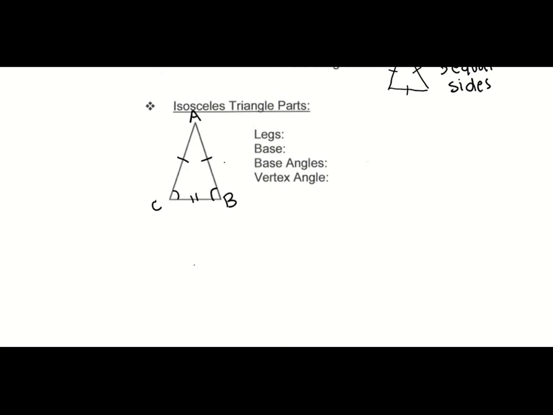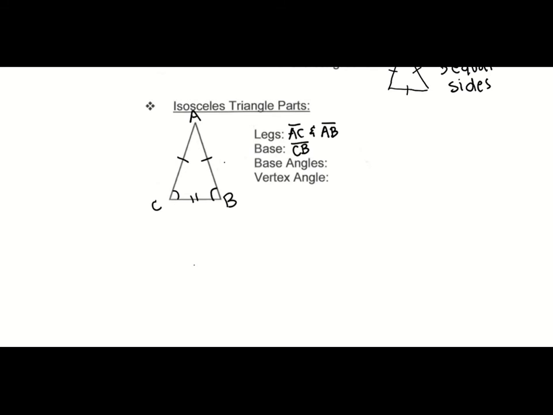So when we look at this isosceles triangle, our two sides here, AC and AB, are congruent. We call those our legs. Our legs are the two pieces that are the same on our triangle, AC and AB. That makes our base, the bottom of our triangle, the side that is different, so that would be CB.